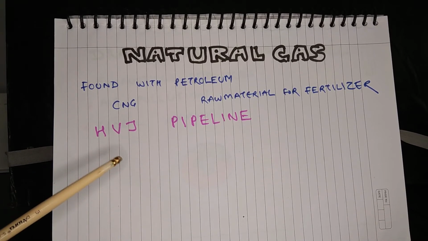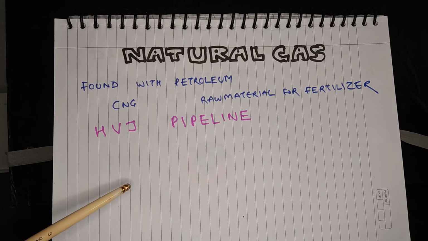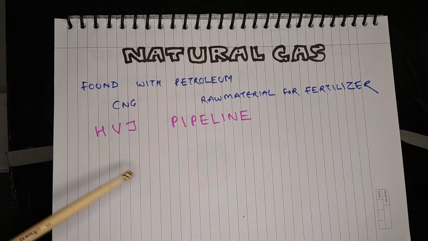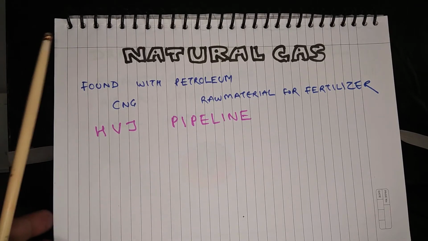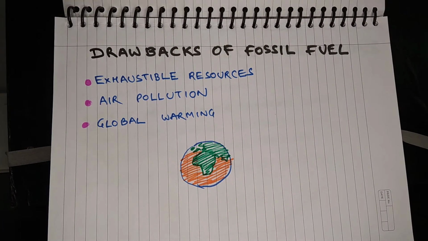And this pipeline supplies to many networks of smaller pipelines so that CNG can be supplied to various cities of Uttar Pradesh, Madhya Pradesh, Delhi NCR, Haryana, Rajasthan and Madhya Pradesh. Okay, so that is how now CNG availability is pretty good in our country.